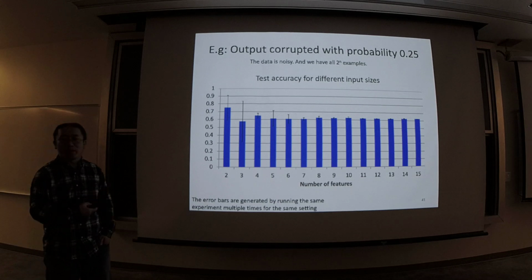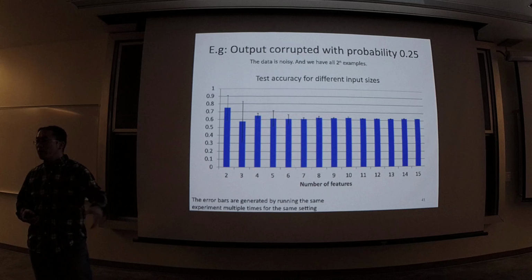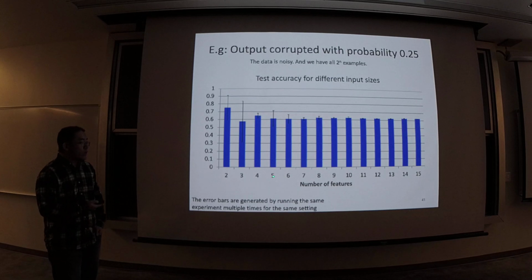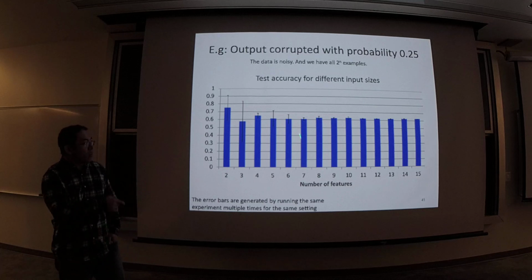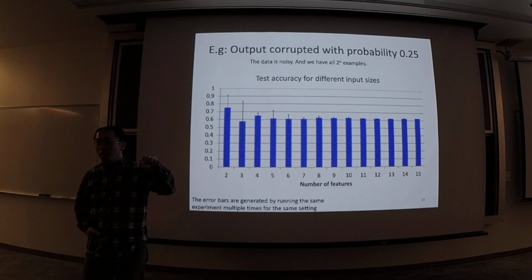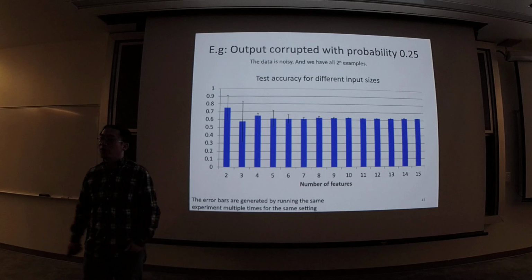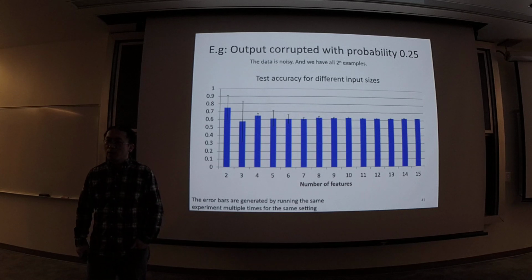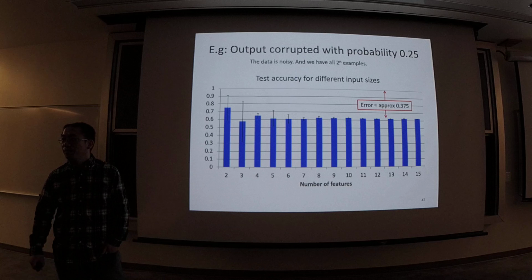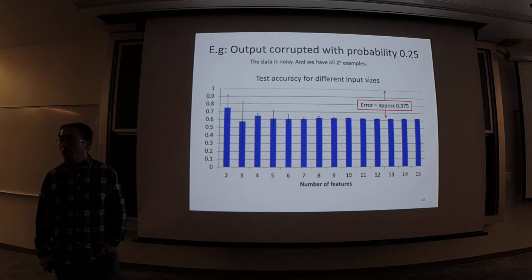And those standard error bars just mean that I repeat these experiments many times, and then calculate the standard deviation of the test error. So you can see, as we increase the number of features, the standard error bars get smaller and smaller. That means the test accuracy becomes more and more stable, right? Looks like they converge to some specific value. That specific value is approximately 0.375. So obviously, test error is quite large, right? It's far from 0.